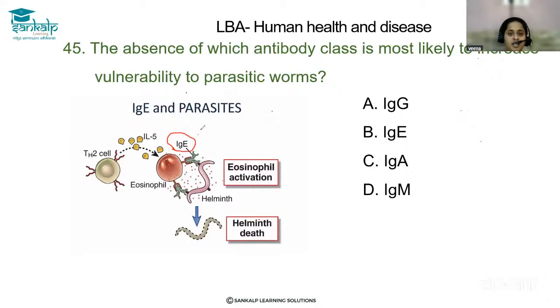If this antibody is absent, the first line of defense will be blocked, which blocks the eosinophil activation, and that becomes an increase in vulnerability to the parasitic worm. So the correct answer is option B, IgE.